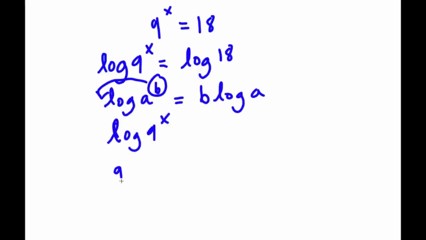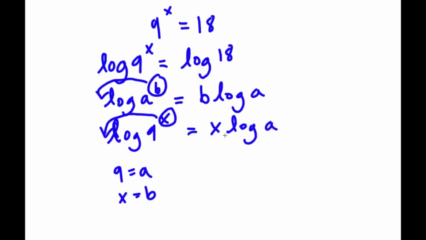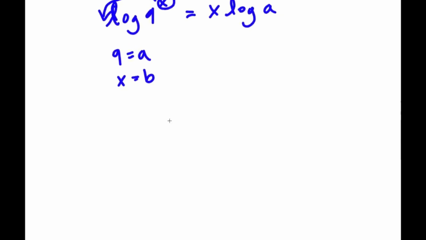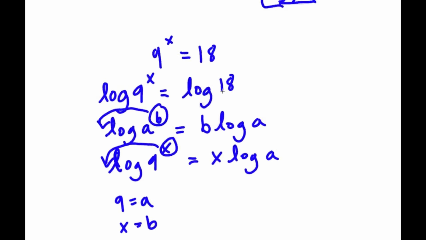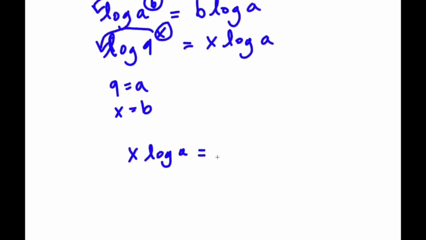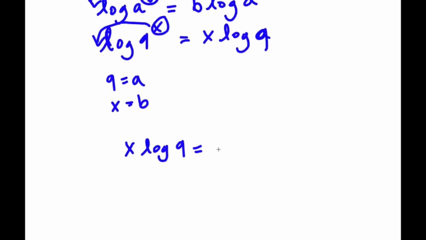We can think of 9 as a and x as b. So I'm going to move our x to the front of the logarithm. So I have x times log 9 is equal to log 18.